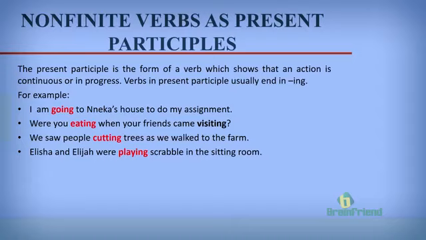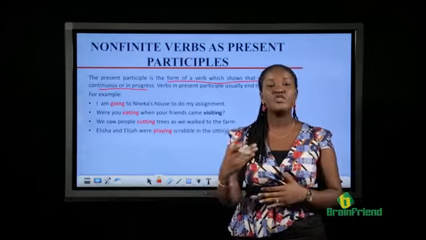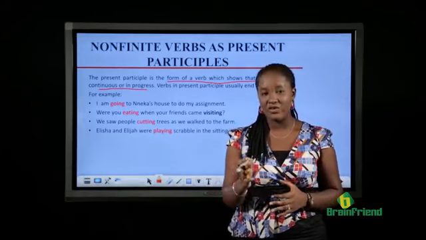Now let's look at how non-finite verbs play the role of present participles. What is a present participle? Present participle is a form of a verb which shows that an action is continuous or in progress.